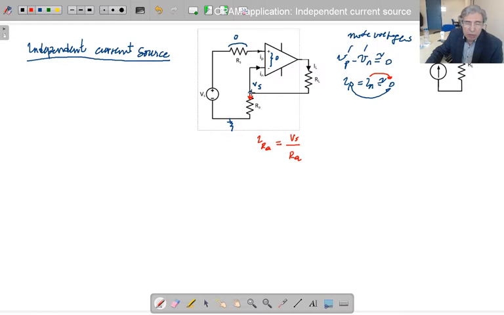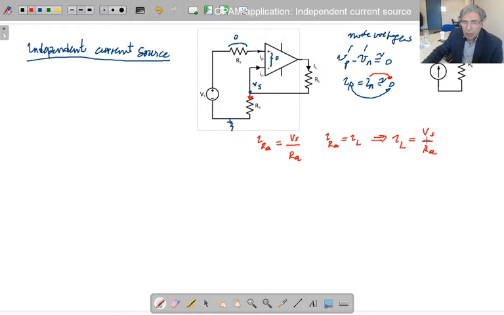If you write a Kirchhoff current law equation for this node, since this current is 0, this current is going to be the same as IL. So IRA is equal to IL. Conclusion: IL is equal to Vs over Ra.